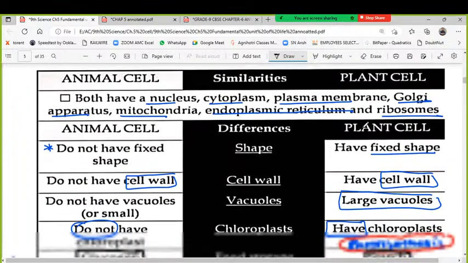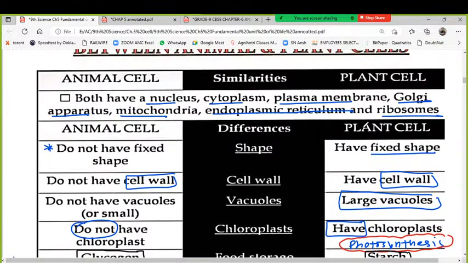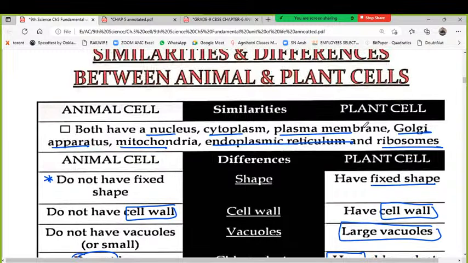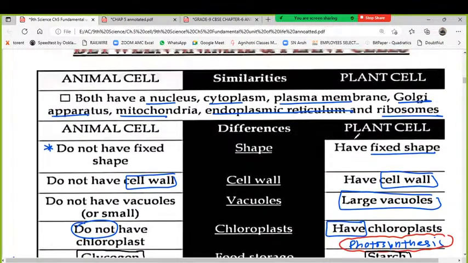Okay, then we need to understand about animal cell and plant cell. We all know that these two kinds of cell are actually multicellular. If we consider an example of animal cell, they are multicellular. If we consider an example of plant cell, they again are multicellular. In these two, there are some similarities and there are some differences.